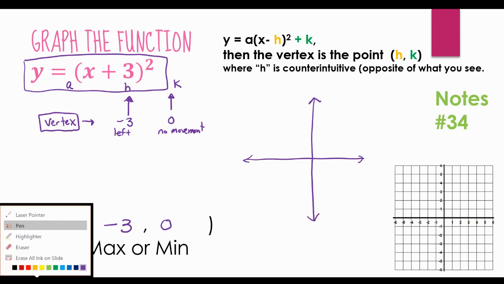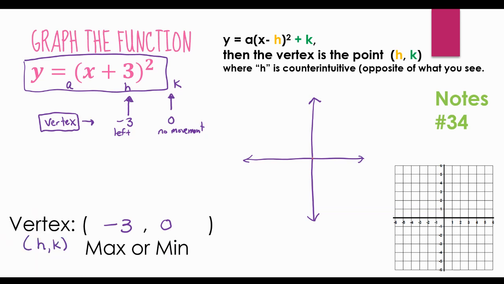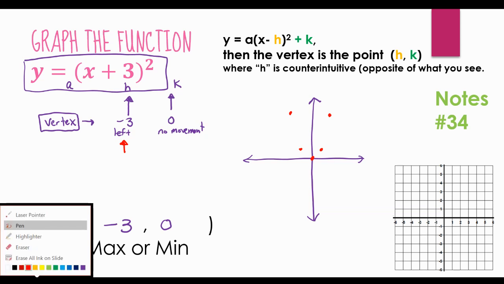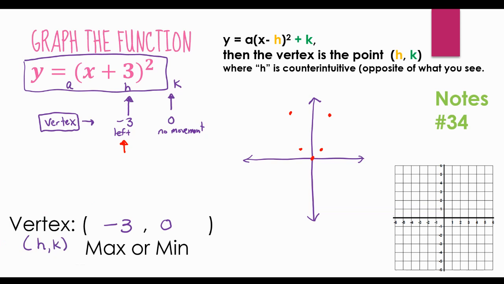Okay, so let's go ahead and put our parent function dots: 0, 0, 1, 1, -1, 1, 2, 4, -2, 4. So this is just like we did with the other graph for absolute value. Now we're going to go ahead and make the movement. We have to shift all those dots to the left 3. So I'm going to change colors.